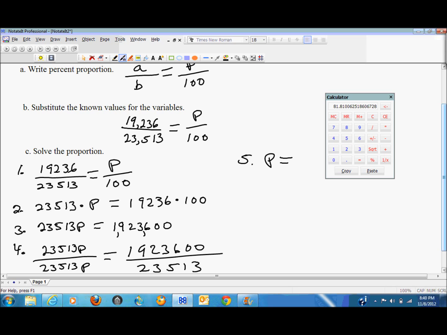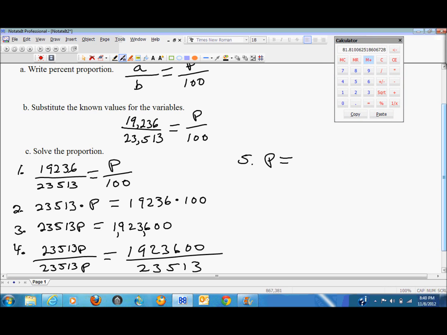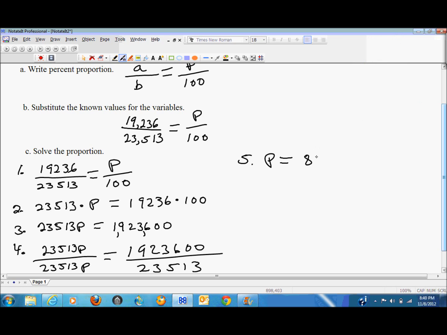Wow, it's amazing. So I'm looking at 81.81 rounded.